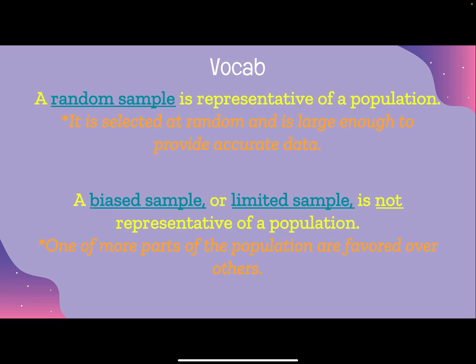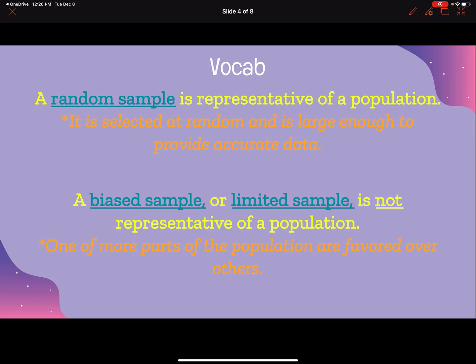A couple other important vocab that we're going to talk about is a random sample. The word random in math is just like it means in the real world. It's a representation of a population. So it's a random sample from the population. It is selected at random and is large enough to provide accurate data.